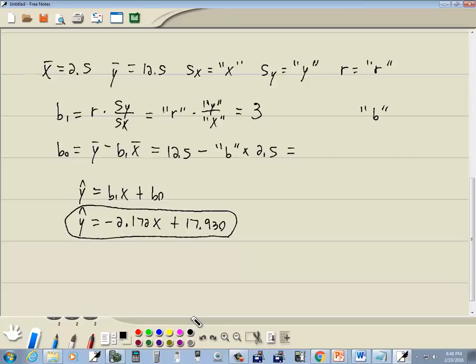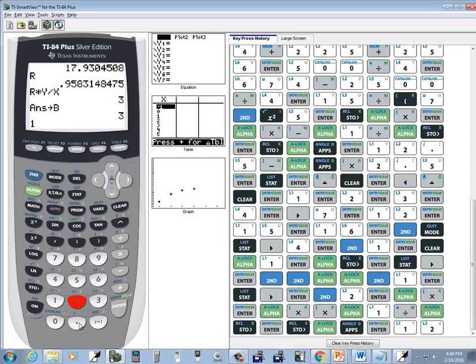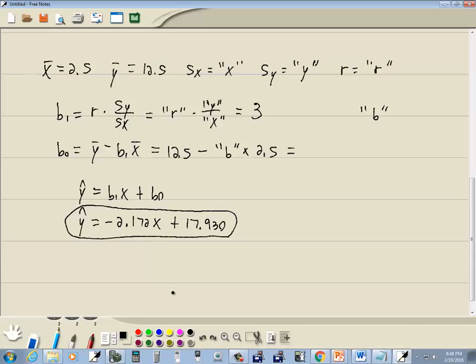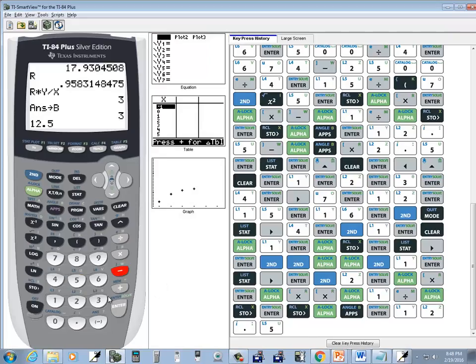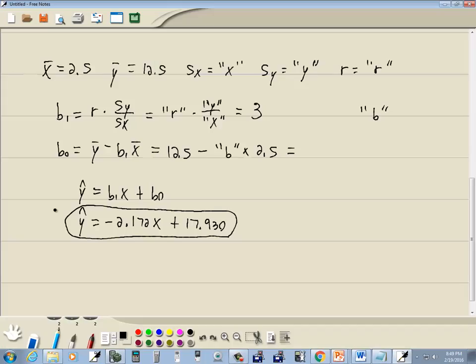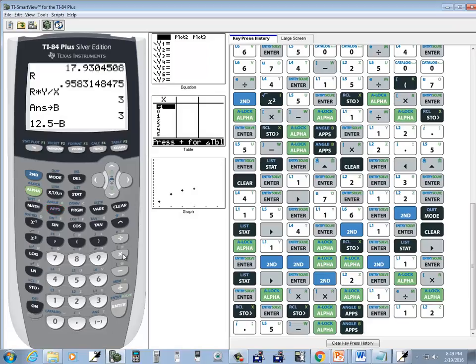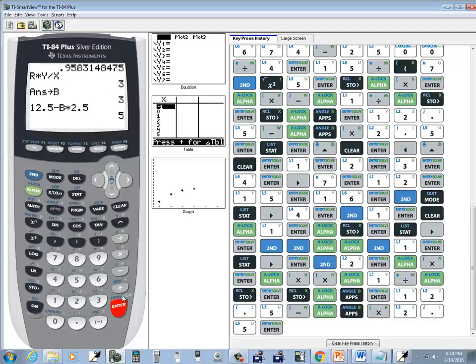So for this next one, I'm going to plug in these values. So I got 12.5 minus B, which is alpha apps, times 2.5 gives us 5.